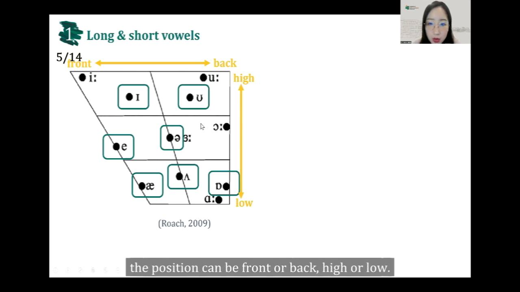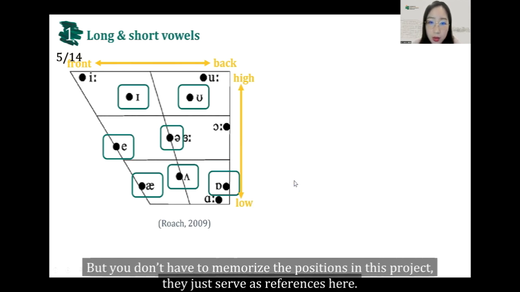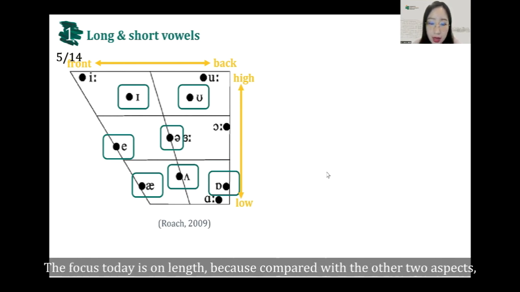The position can be front or back, high or low, but you don't have to memorize the positions in this project. They just serve as references here. The focus today is on length, because compared with the other two aspects, it's more direct and easier to be understood for non-English major students.